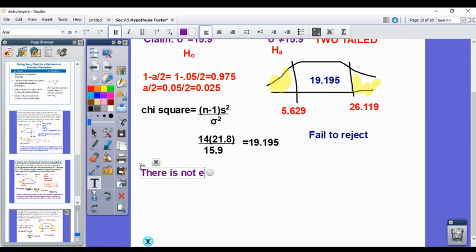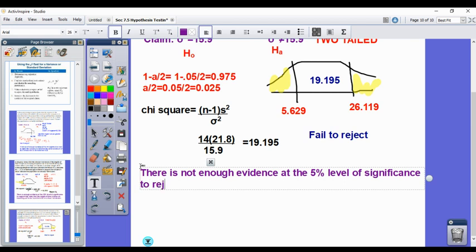There is not enough evidence at the 5% level of significance to reject the claim that the variance of fishing line is 15.9. And done.